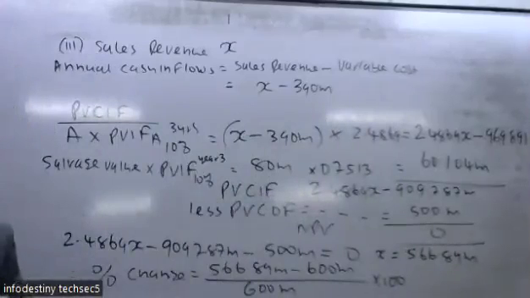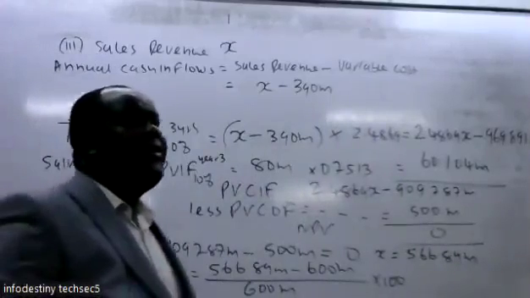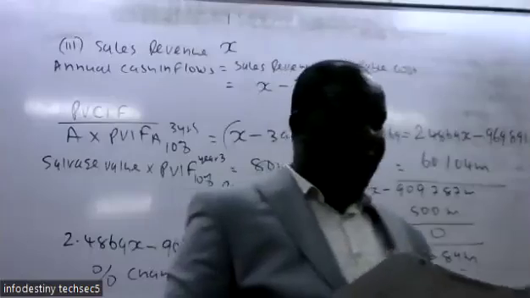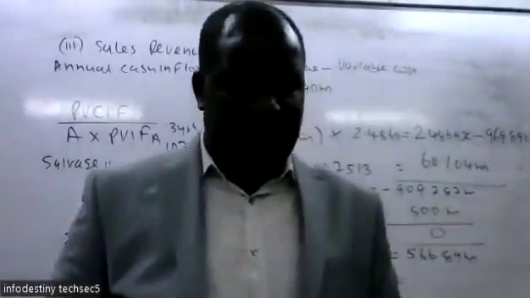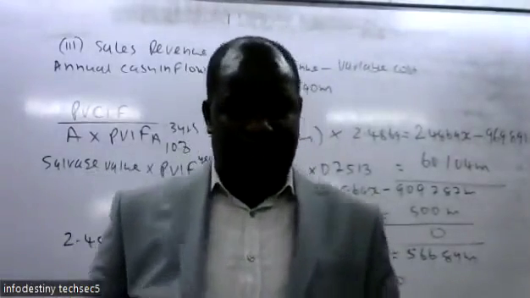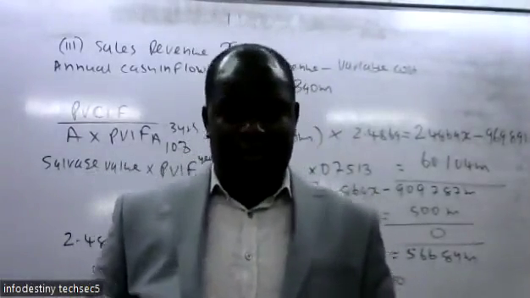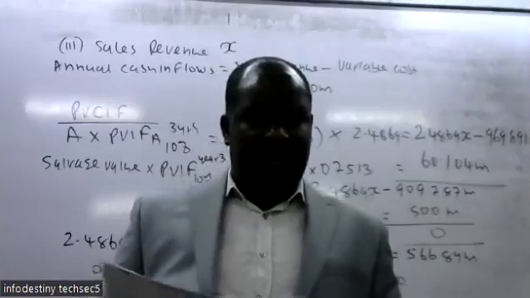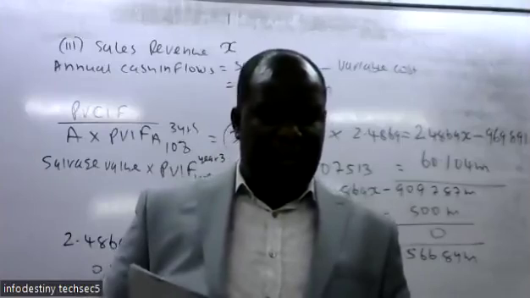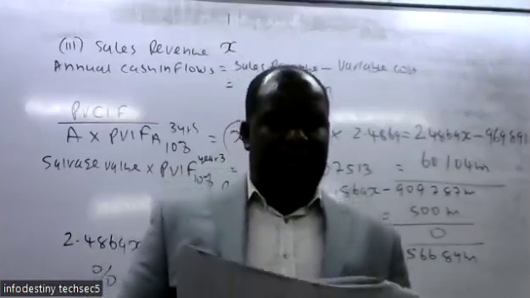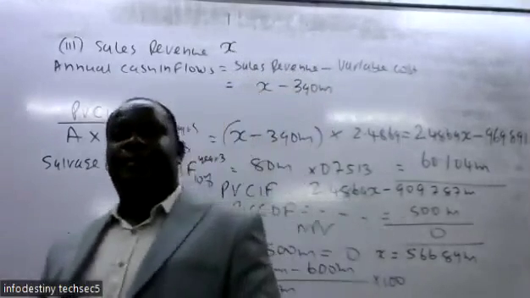Now required: determine the sensitivity of the project to changes in the level of the cost of the plant, running cost, and savings, considering each factor at a time and assuming each factor is varied adversely by 10%.